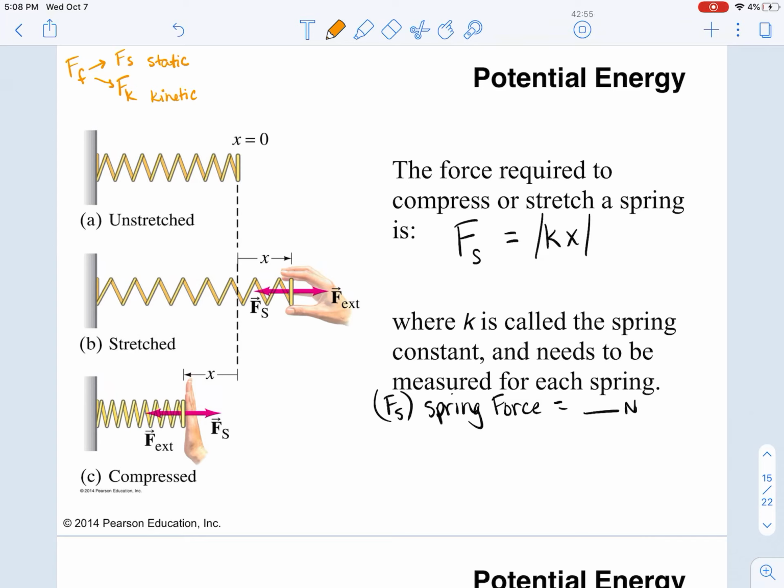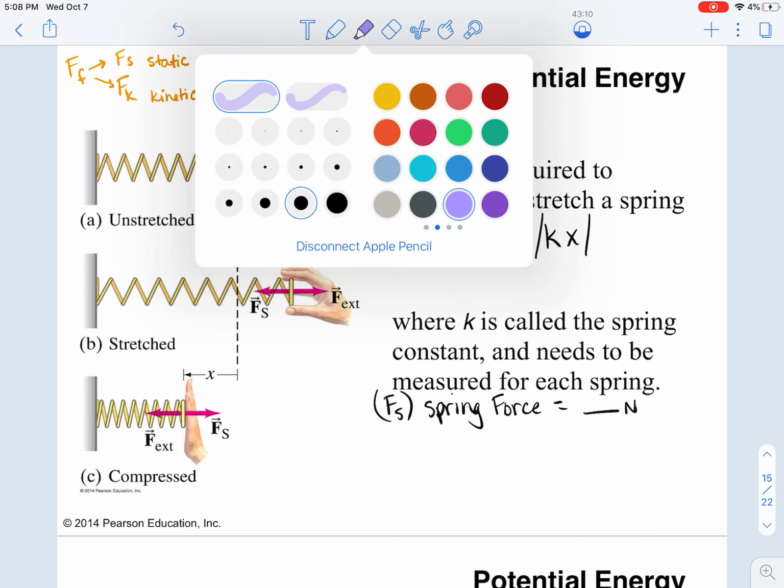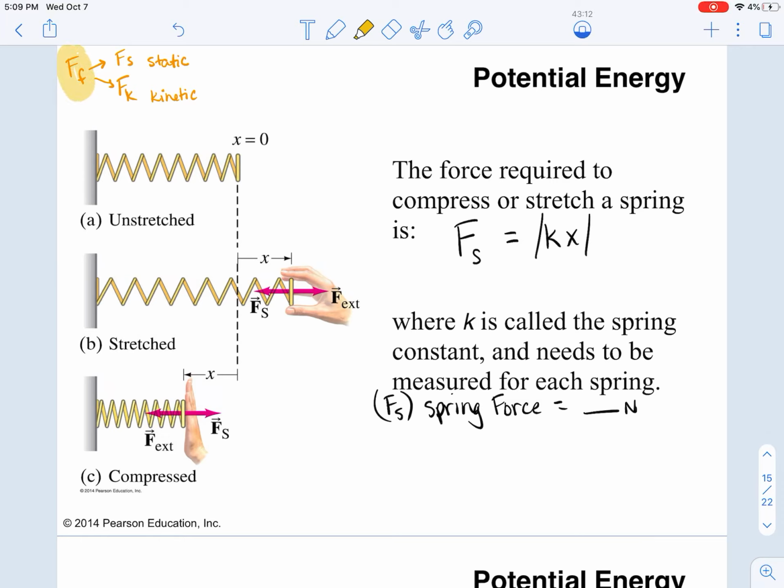So here's what I'm going to tell you. If you think back to any questions that I've worked out for you guys, or to the assignments that you have completed in Canvas where we're dealing with frictional force, I typically just use the lowercase f for friction in general.